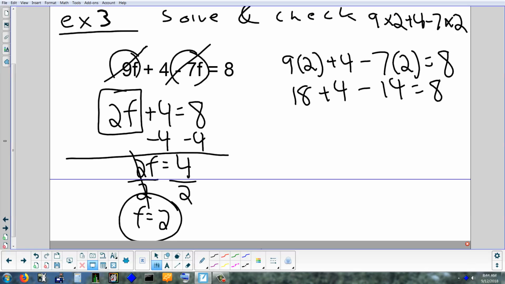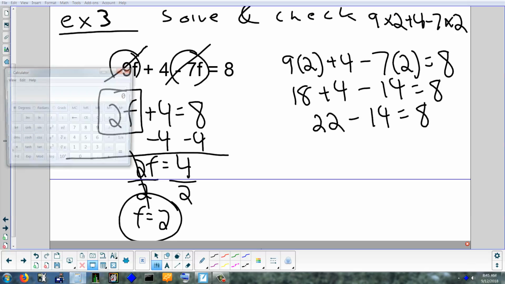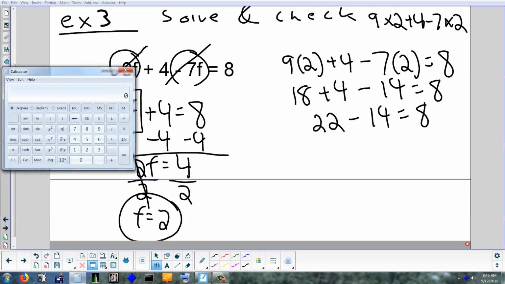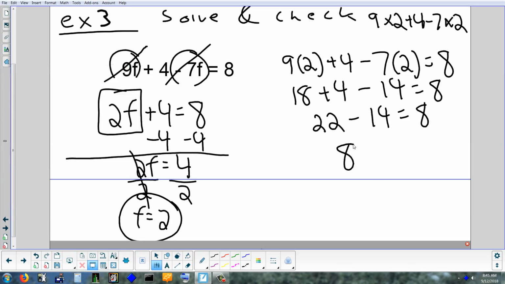I got 18 plus 4, 22, minus 14 equals 8. Just so you guys can see it, 22 minus 14 equals 8. It checks. So we were asked to check that one, and we checked it.